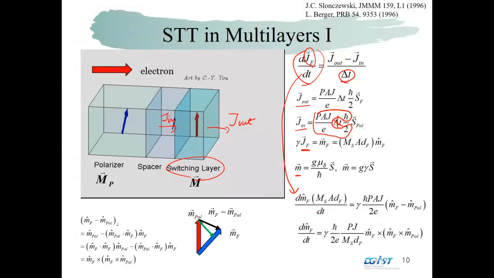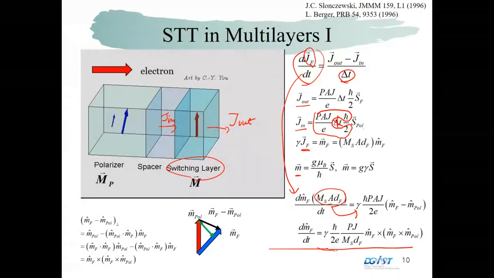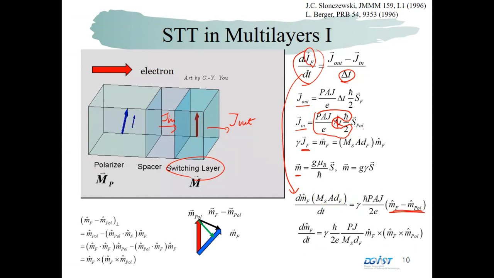The left hand side is a constant, so we can send it to the right hand side. dMf/dt means the time derivative of the free layer magnetization direction. On the right hand side, this is the change of the angular momentum, and here we have to calculate this part.